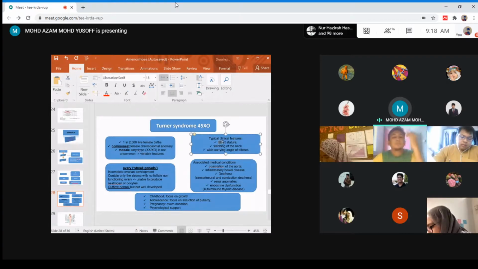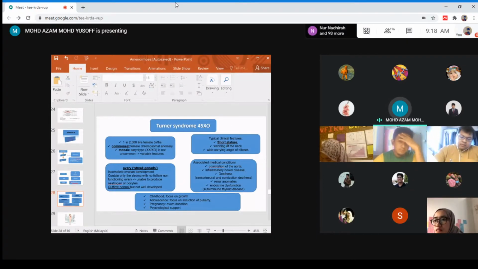Another typical issue is short stature. Very important: if primary amenorrhea and the patient is short stature, it is almost always Turner syndrome.